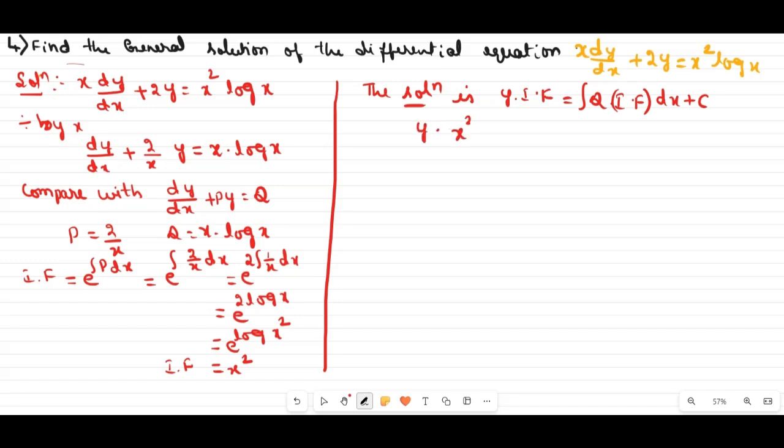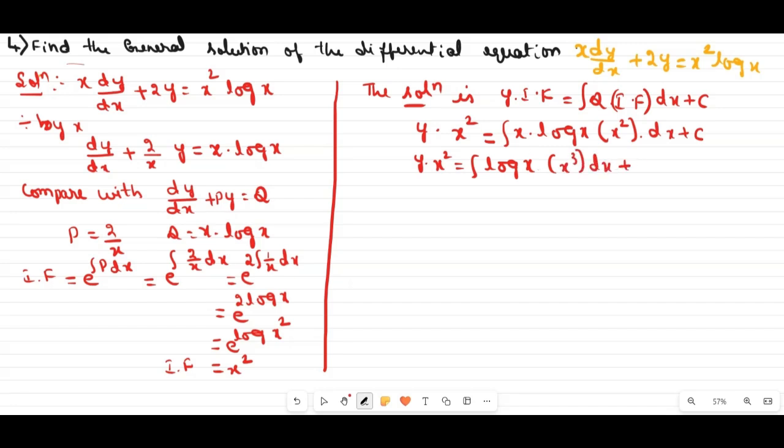Integrating factor is x square, equals integral of q. What is q? x log x into integrating factor x square with respect to x plus c. So let me simplify this further before integrating. Log x, I will keep this as it is. x into x square is x cube with respect to x plus c.